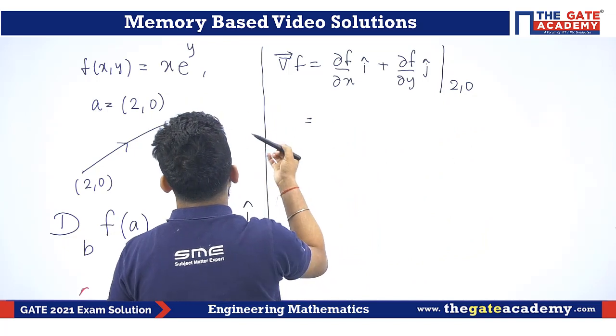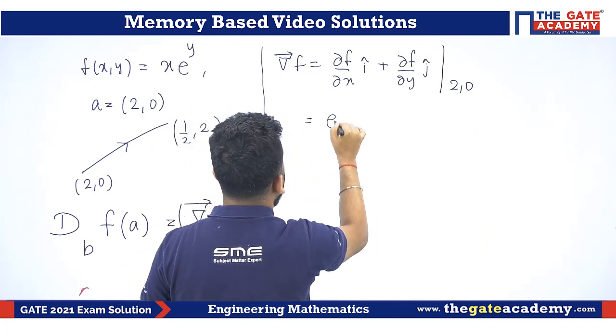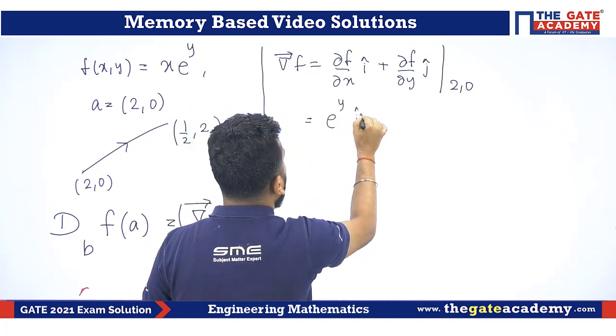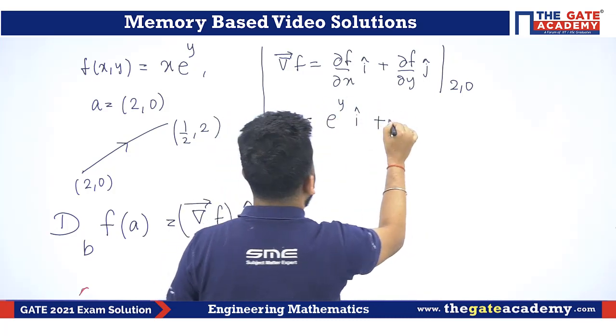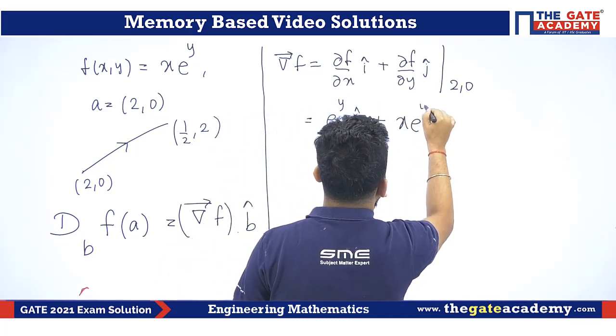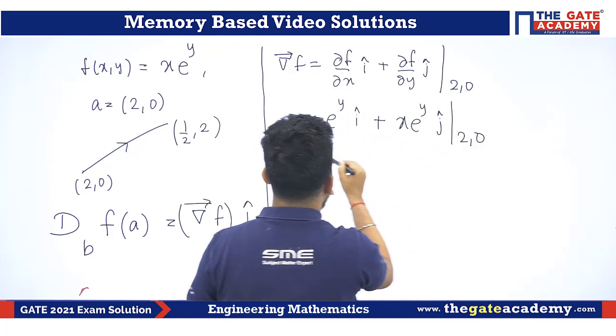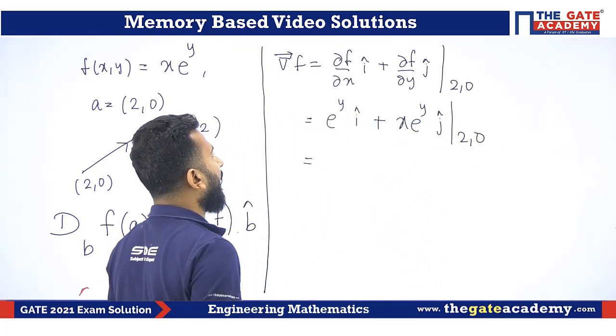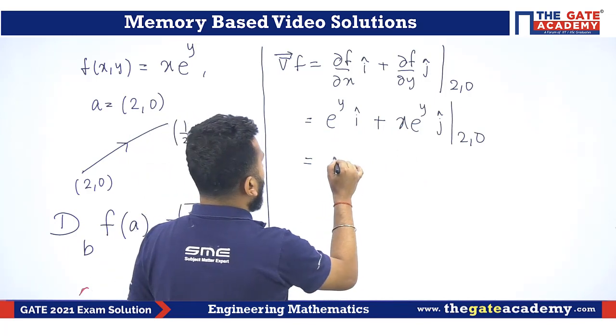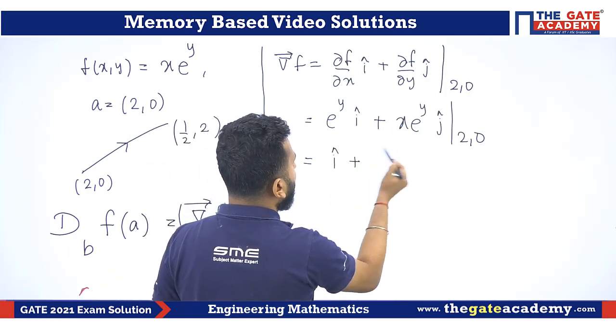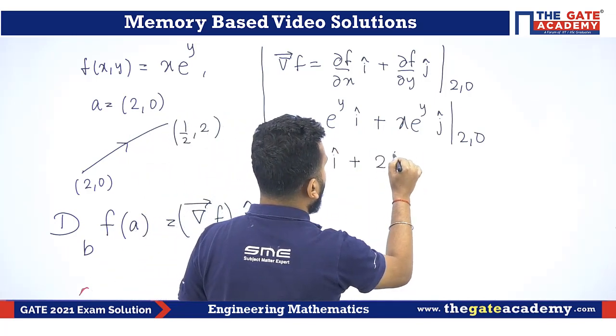What is del f by del x? Del f by del x is e raised to y i cap plus it is x into e raised to y into j cap at 2, 0. So just substitute the point. It is coming out to be i plus 2j.